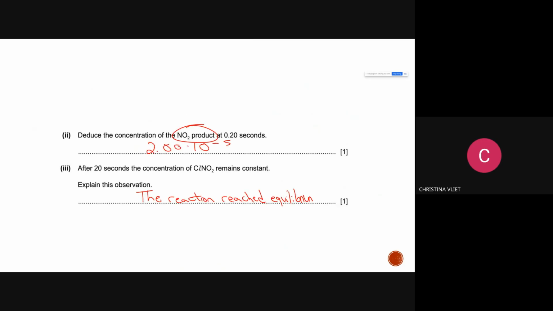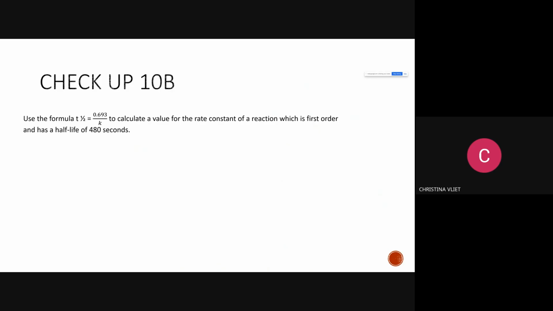All right, last checkup, and this is, like I said, a little bit oversimplified, but that's what we have for the Cambridge standards here. They oversimplify the math a little bit because they're only giving you first order reactions. So there is an equation that you do need to memorize, and it's the one right here.